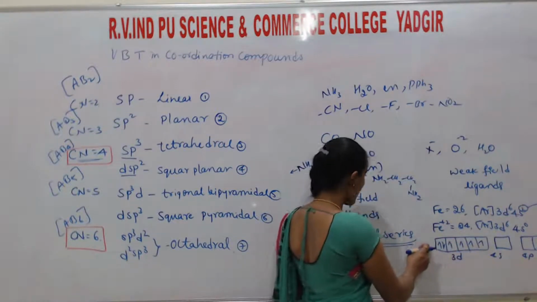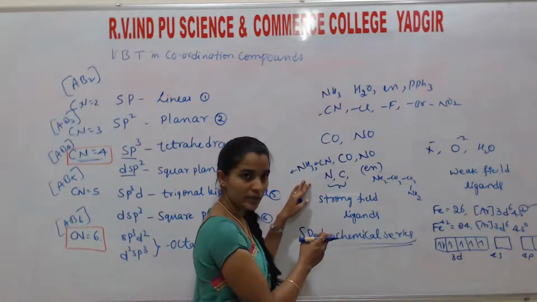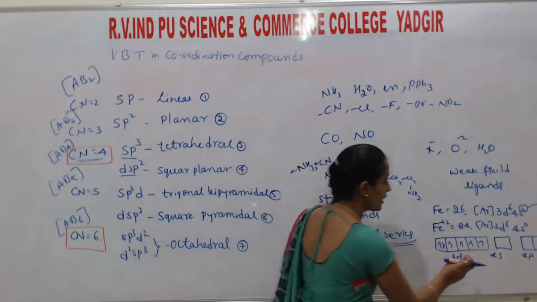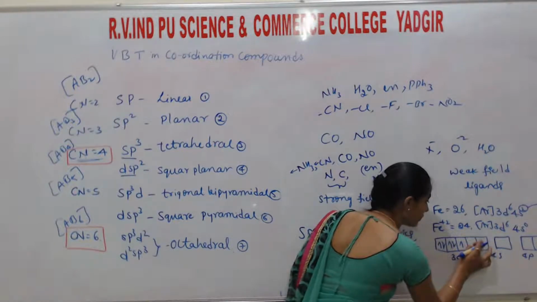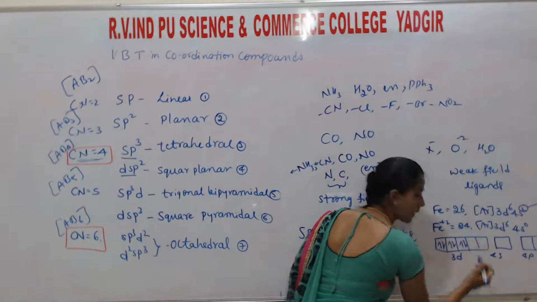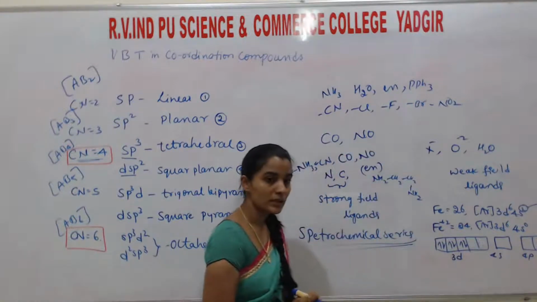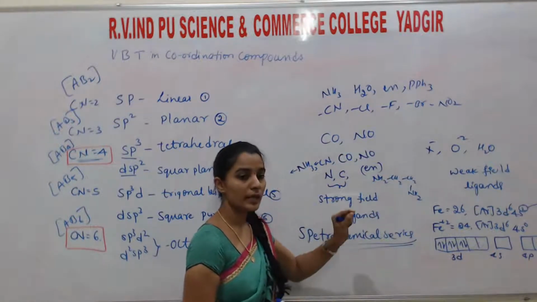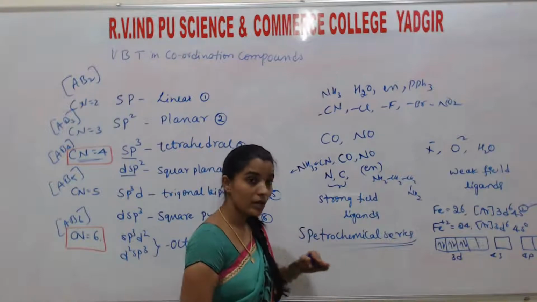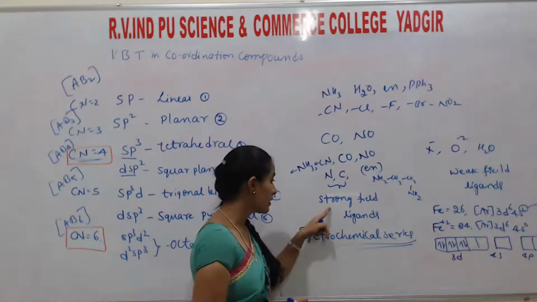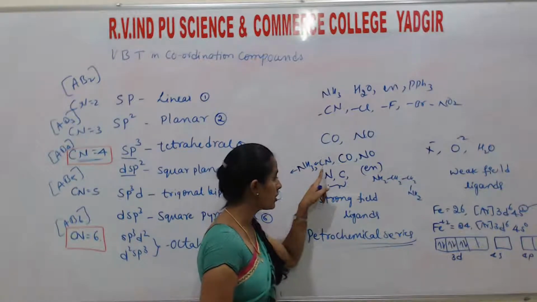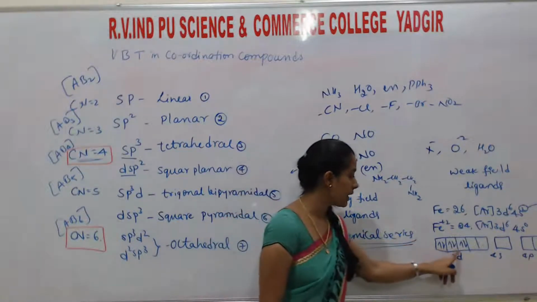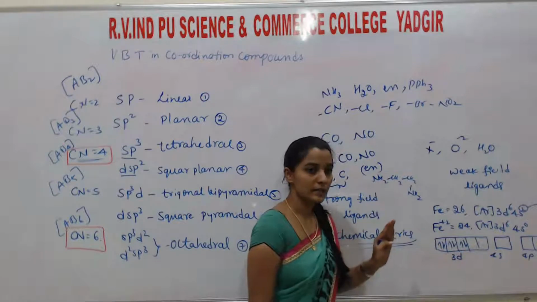So here students, if nitrogen bonded atoms are there, then what happens? These electrons themselves pair up. They have the capacity to cause the pairing up of the electrons within the d orbital. That's why they are called strong field. If strong field ligands like nitrogen and carbon are present, then the pairing up of electrons takes place.